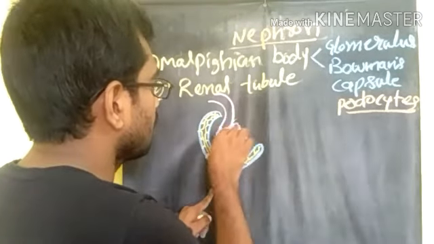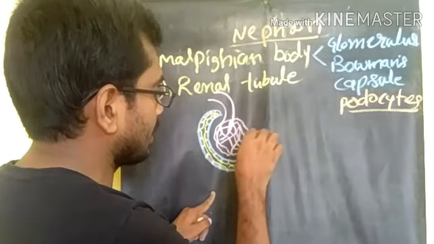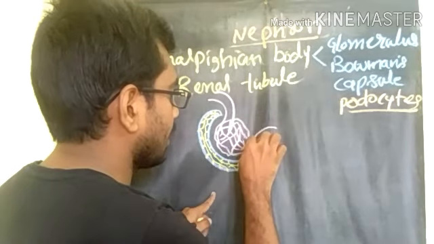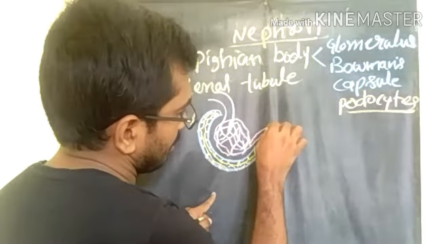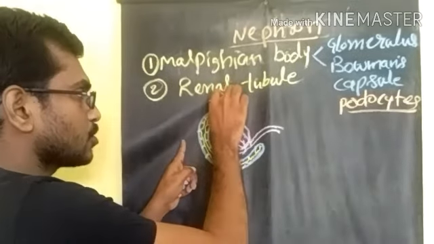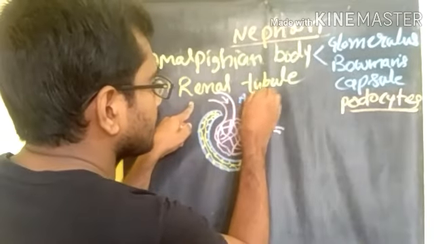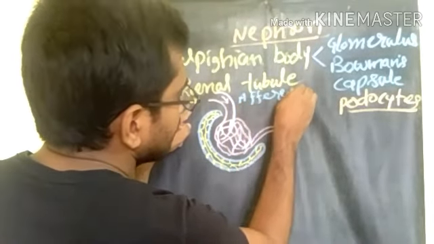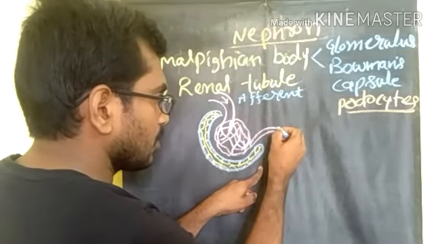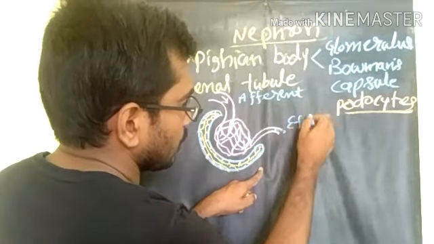A tuft of blood capillaries it forms. Then it leaves the Bowman's capsule as an efferent arteriole. The arteriole which enters into the Bowman's capsule we call an afferent arteriole, and the blood vessel which leaves after formation of the glomerulus we call an efferent arteriole.